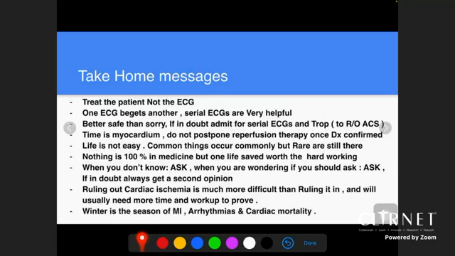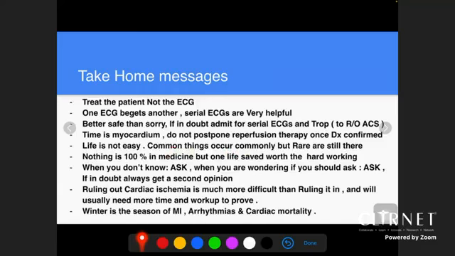Time is myocardium. Do not postpone reperfusion therapy once the diagnosis is confirmed. So once you are sure that you are dealing with a STEMI, either you will give thrombolytic therapy after ruling out contraindications, or you will activate the cath lab and go immediately for primary PCI. Life is not easy.